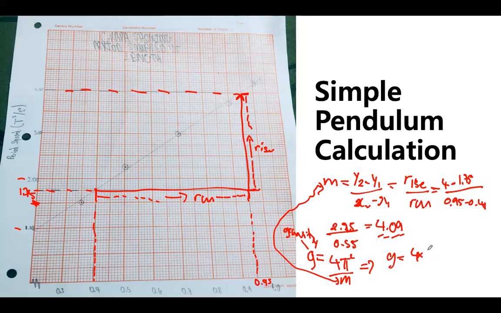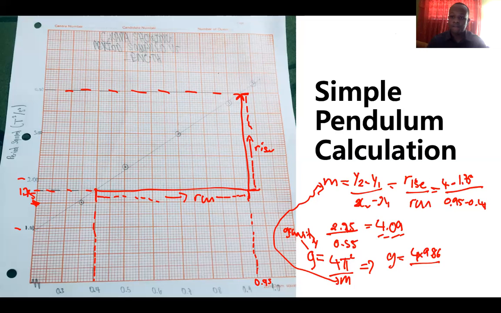So 9.86. And what is our value for m again? 4.09.